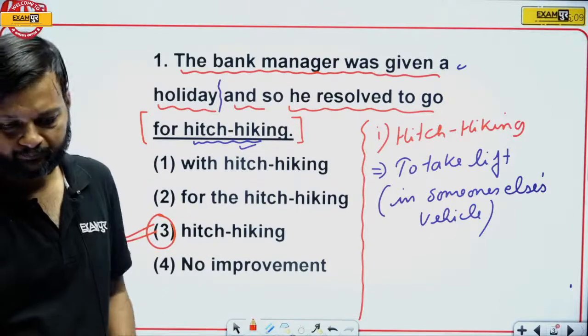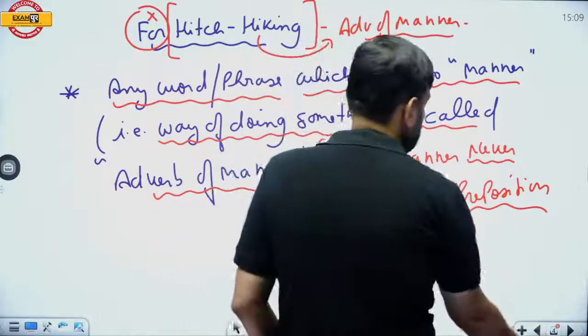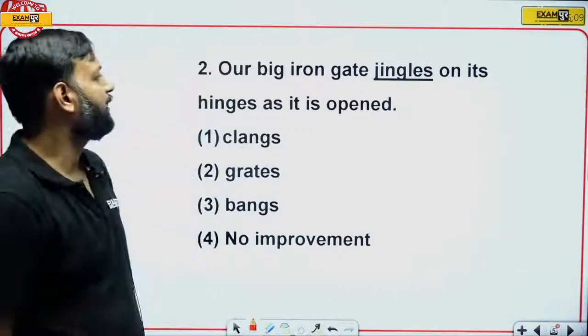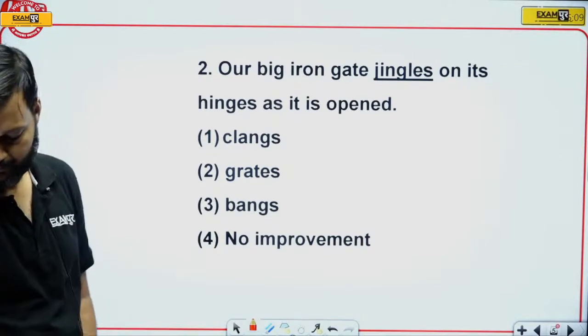Okay, now let's see the next question. Question number 2. Our big iron gate jingles on its hinges as it is opened.